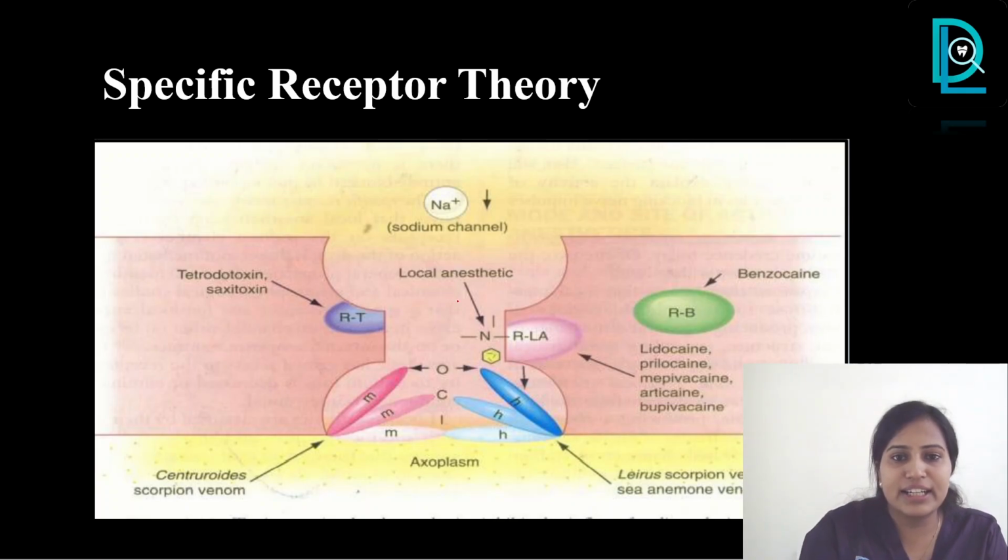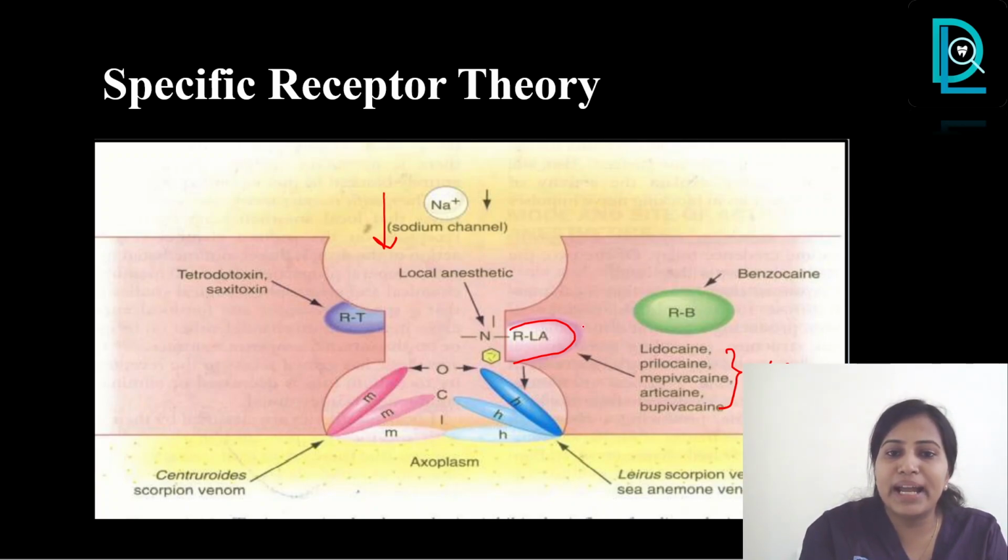It's explained in a little more detail in this image. This is your sodium channel, and look here, lidocaine, prilocaine, all your local anesthetics. They come and bind to this receptor here. This is a local anesthetic receptor which is there in the sodium channel of the nerve membrane.